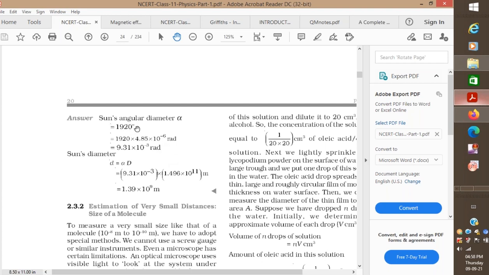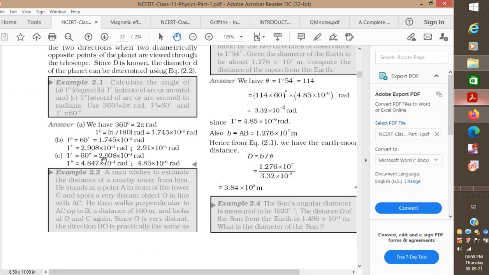In the previous case we have seen that 1 second is 4.85 into 10 to the power minus 6 radian. So use this.